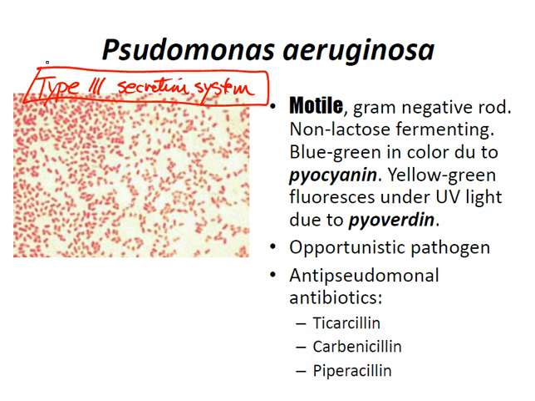I'm sure a lot of people haven't heard of that type 3 secretion system. And remember, pyoverdin is how you can detect early skin infection in who? Burn patients. Very good. Other pathogens with this system include enterohemorrhagic E. coli, Salmonella, Shigella, Chlamydia, Yersinia, etc.